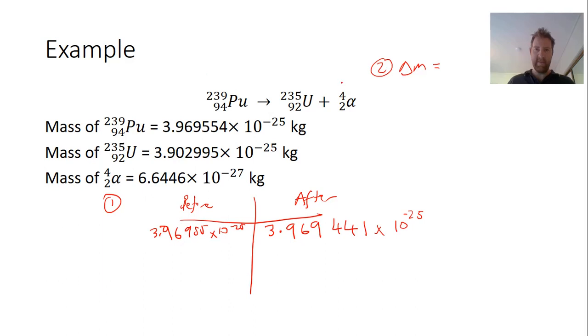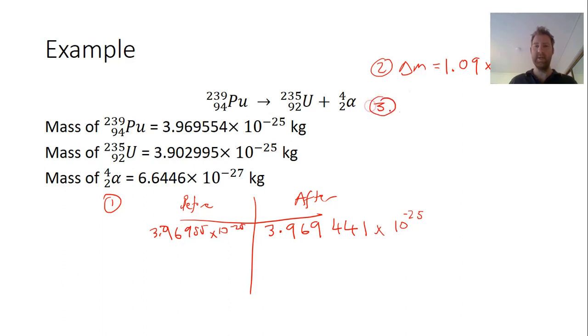And I get a very, very small amount, 1.09 by 10 to the minus 29, which makes sense. Minus 29 is much smaller than minus 25, and it accounts for it being in the decimal points here. kgs. Tiny.